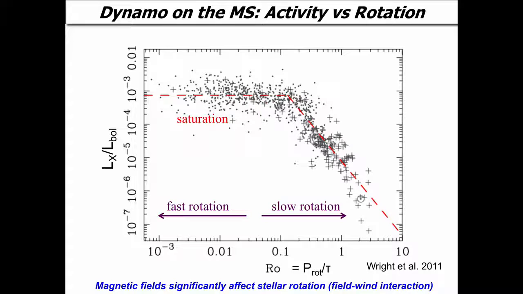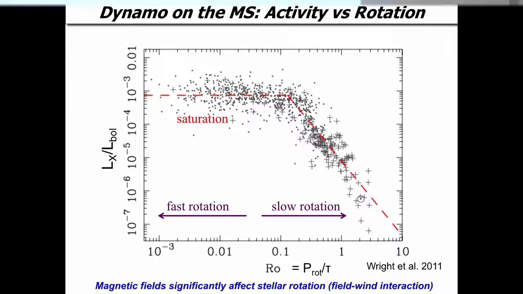If you plot observed stars at a certain rotational level, with fast rotators here and slow rotation here, you see that the very quick rotators reach a certain saturation level in X-rays. Then as they age and start to rotate more slowly, the X-ray activity increases, which is, of course, also very important for the planets surrounding these stars. The Sun is imprinted here.